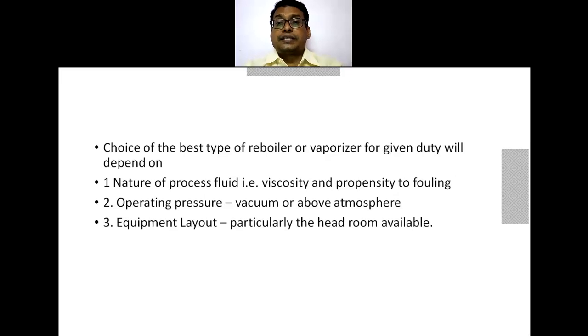Choice of the best type of reboiler or vaporizer for the given duty will depend on the nature of the process fluid, that is, what its viscosity is, whether the fluid is fouling, or whether it is a slurry. So that is the physical properties of the fluid.